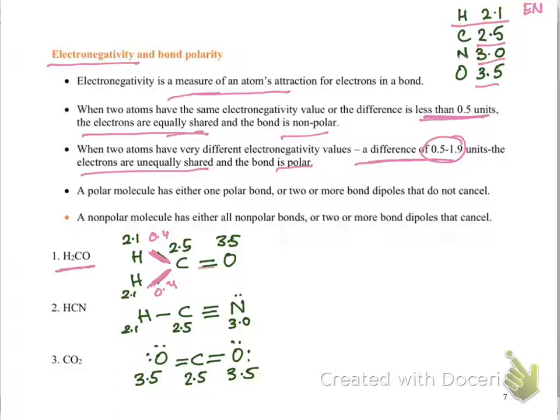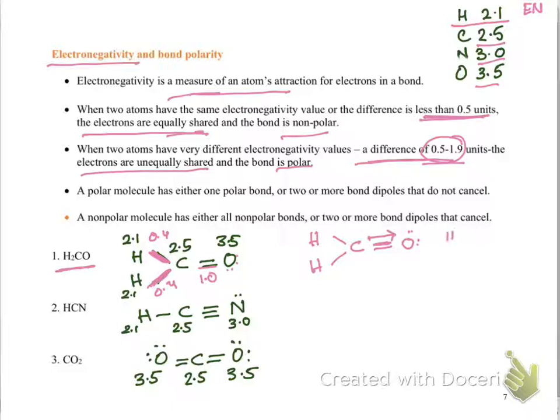But look at this bond. 3.5 minus 2.5 is 1.0. And if the difference is between 0.5 to 1.9, then the electrons are not shared equally. They are more towards the more electronegative element. That means these electrons are more towards oxygen.